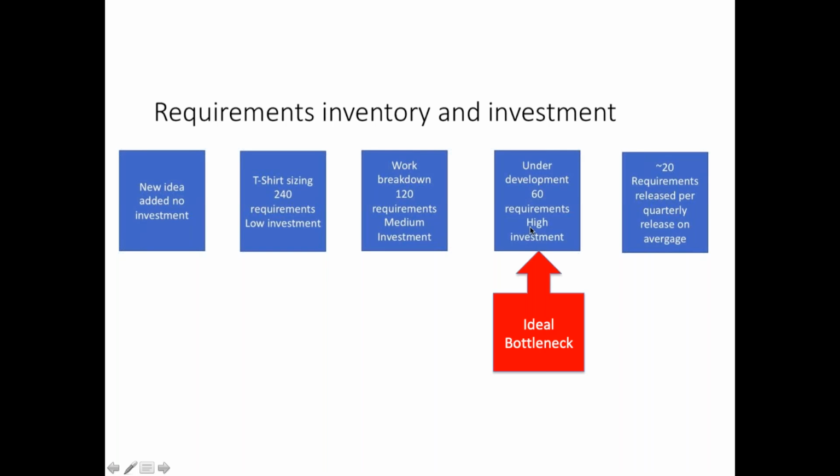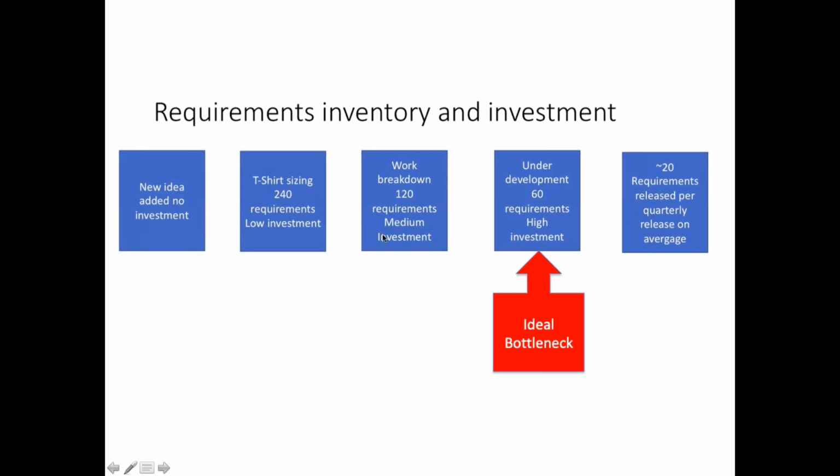So in this situation where you're able to analyze and look at where you have requirements in the different phases, what you need to focus on is getting things done as opposed to starting more. And you're going to start over here with your release process being the bottleneck. And as you get that solved, you're going to really want it here on the development. And you don't want to do more t-shirt sizing.